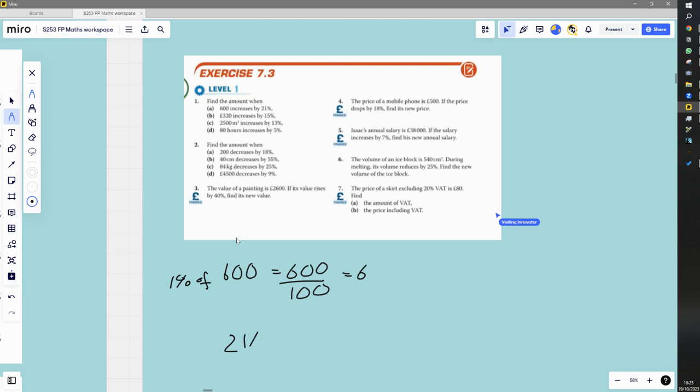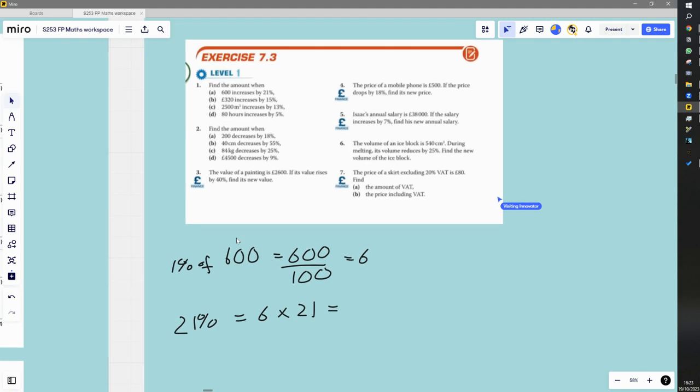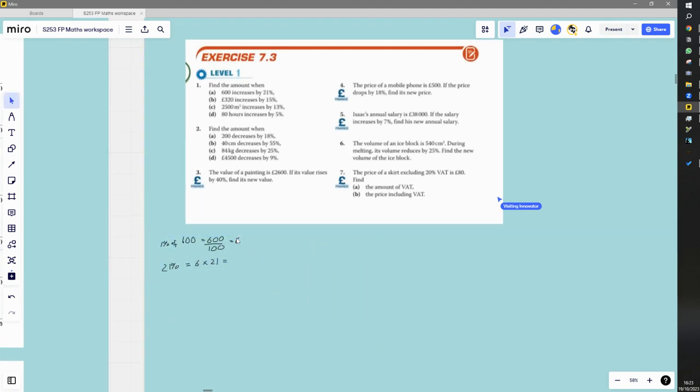So 21% is equal to 6 times 21. And I'm not going to bother working out what that is right now. I'll first of all show you the quick way to do this step, how to combine these steps in one.